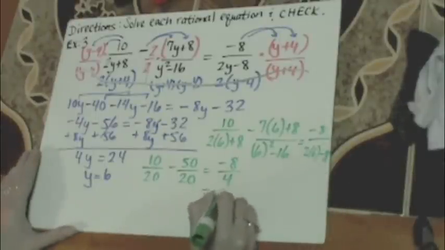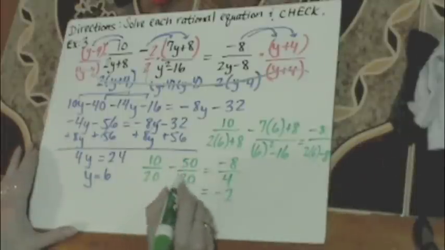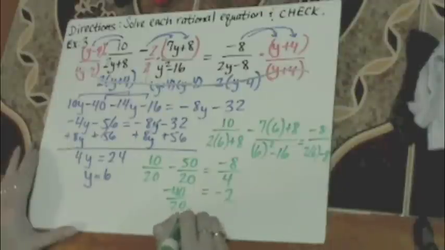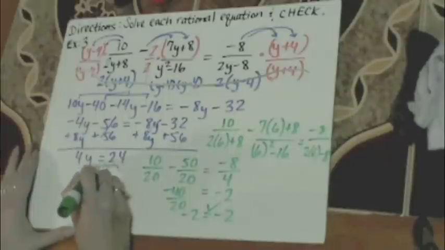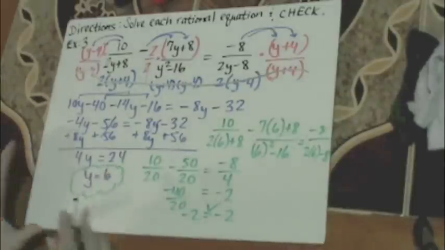So this gives us a negative 2. This gives us a negative 40 over 20, which does give us a negative 2. So it does check. So that means y equals 6 is our answer.